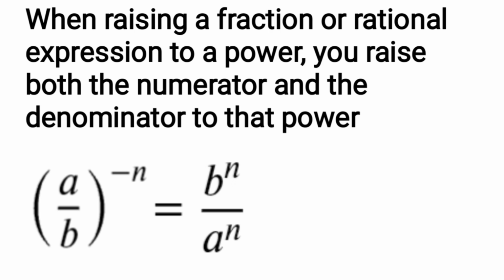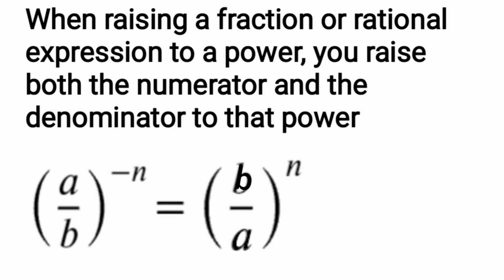So interchange the numerator and the denominator, with the positive power n. So this is also equal to quantity b over a to the power n, which is now positive.